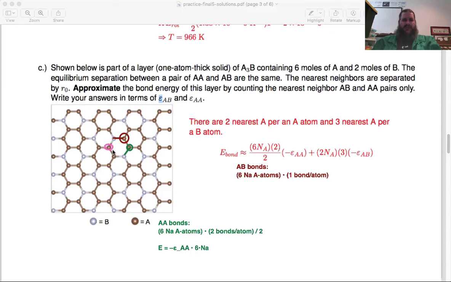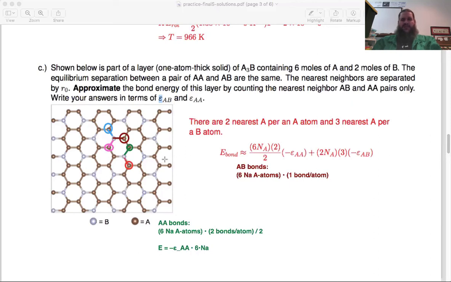That's also connected to 1 AB bond. This type A atom is also connected to 1 AB bond, and this one is also connected to 1 single AB bond.